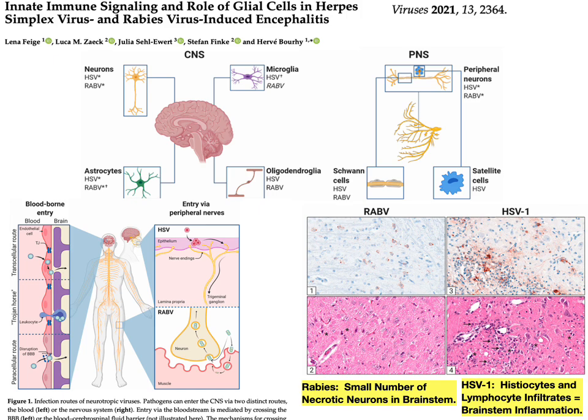Figure 1 illustrates the two major mechanisms by which the central nervous system can be infected by, quote, neurotropic viruses: a hematogenous pathway through blood vessels, or through nerves.